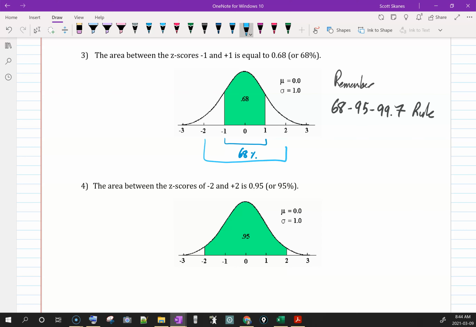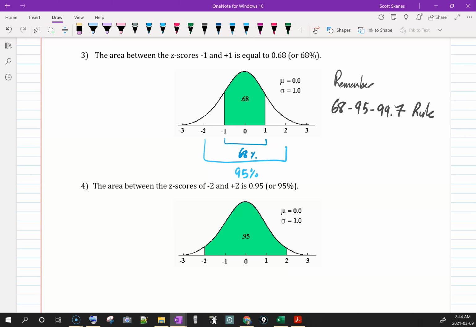And between plus and minus 2 standard deviations, we've got 95%. If you go to 3, between this value and this value, that's your 99.7% of the data. Or in other words, we have a 68% chance of the data living between these two z values. We have a 95% chance of data living between those two z values, and so on.